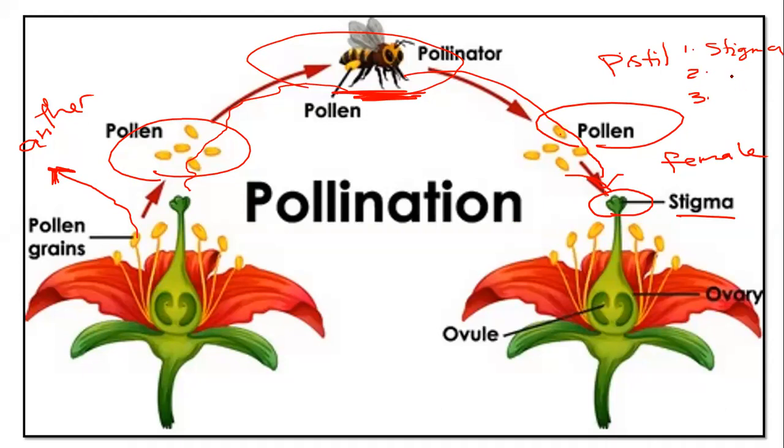And ovary, the 3. That is the female. So the pollen, the male, will land on the female or the stigma. And then what will happen? That pollen grain will go under, going there to the ovary.